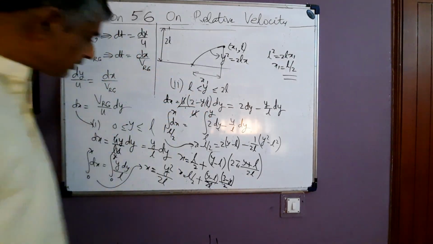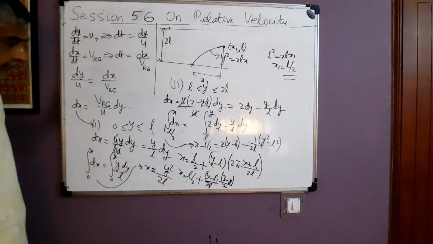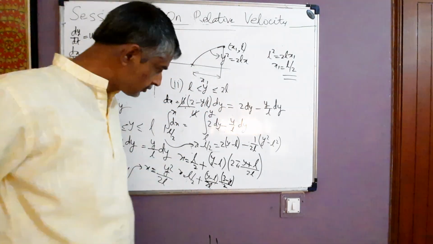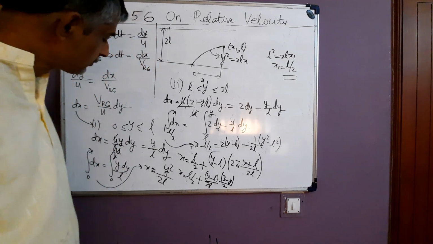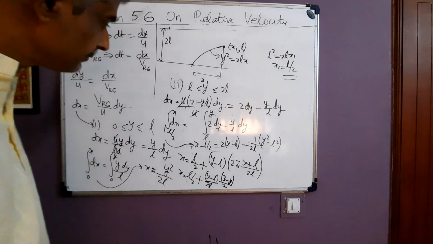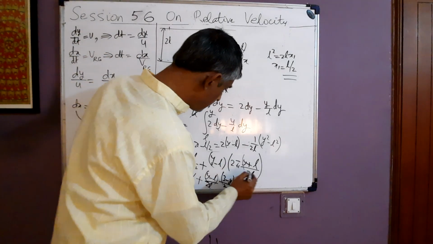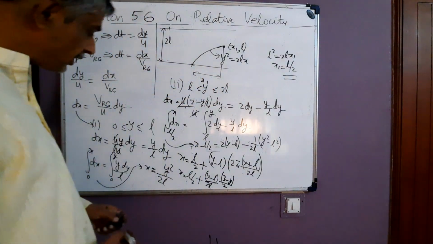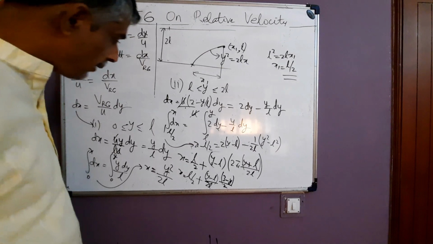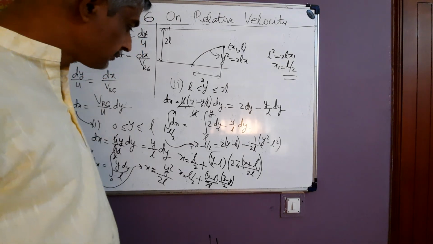This is the equation of trajectory for the second half. Is it alright?